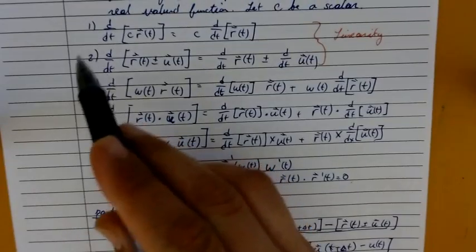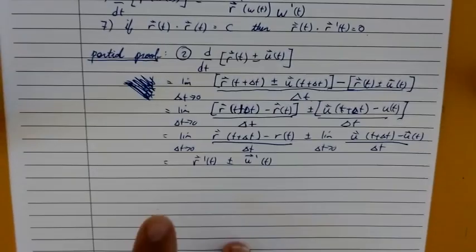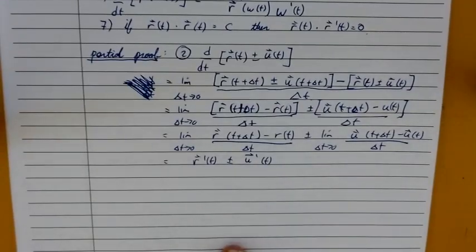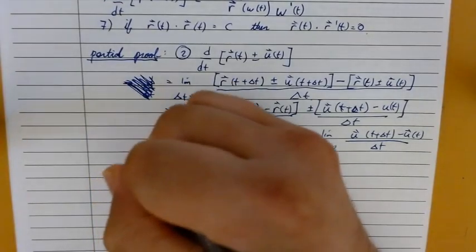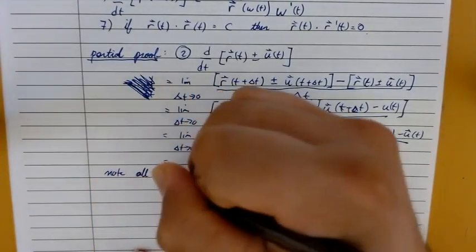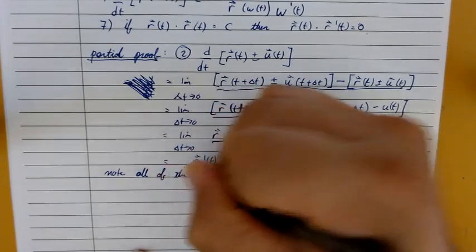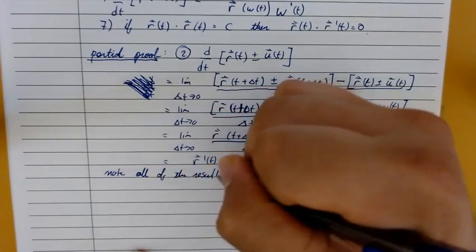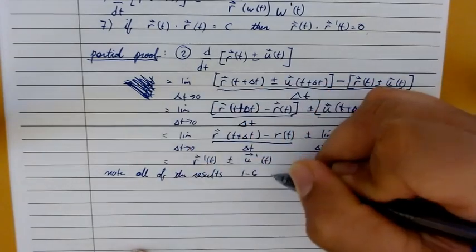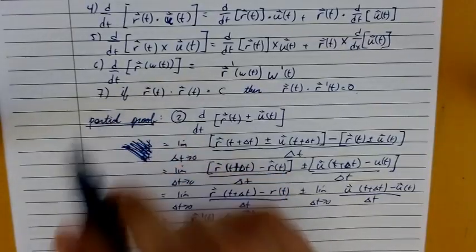All the rest of these from 1 through 6 are equally reminiscent of the results from Cal 1. So note all of the results 1 through 6. You say, what about 7? We'll talk about 7 separately.